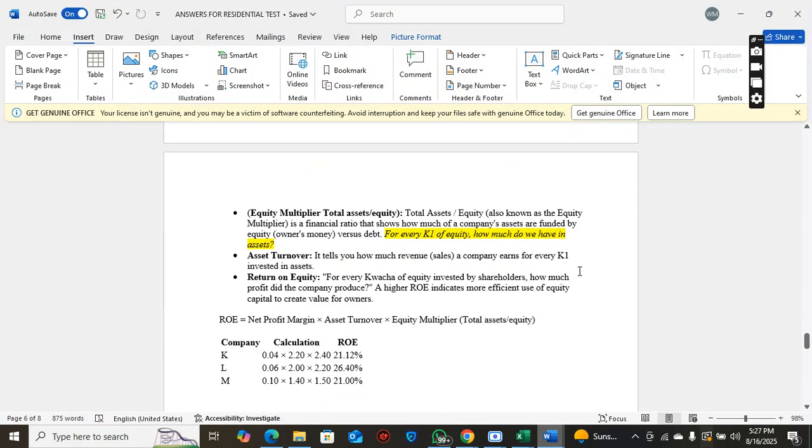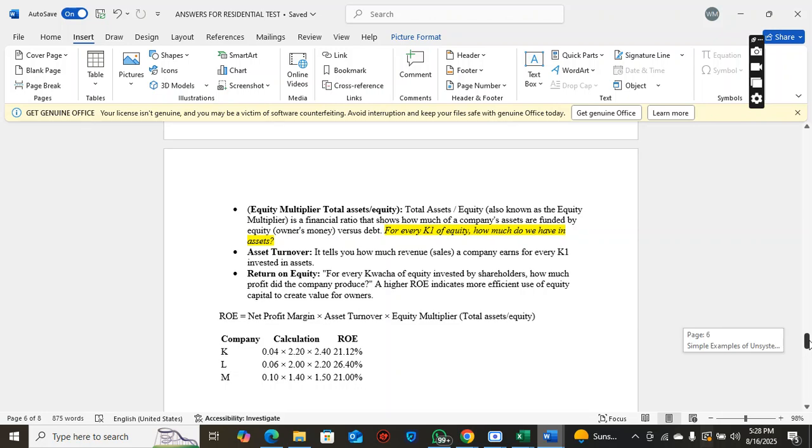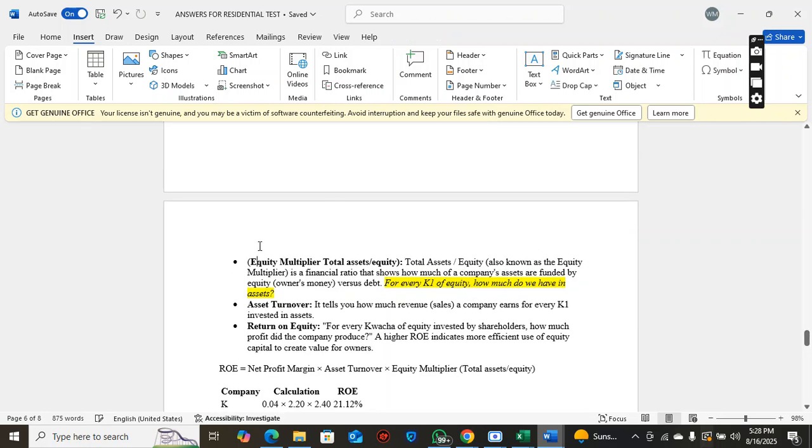So I'll send you this document after this class where there are all these notes and everything. These notes are for you to read. But yes, net profit margin. What is the net profit margin?